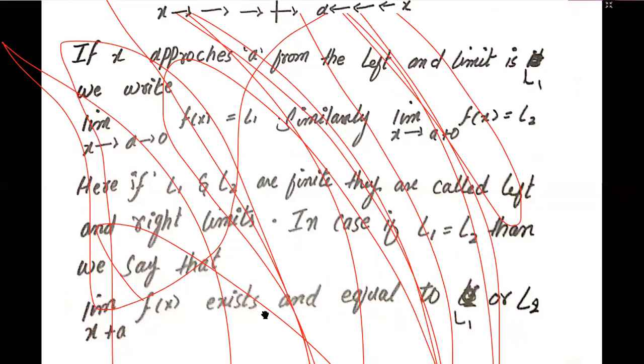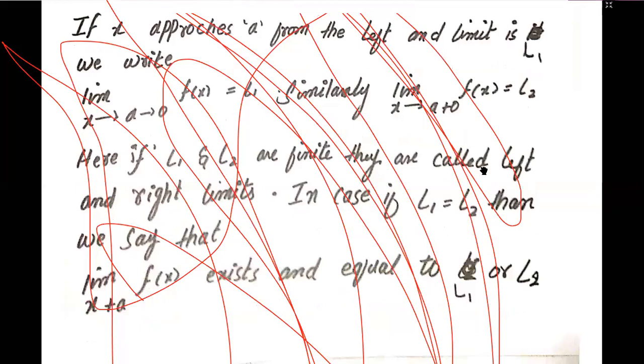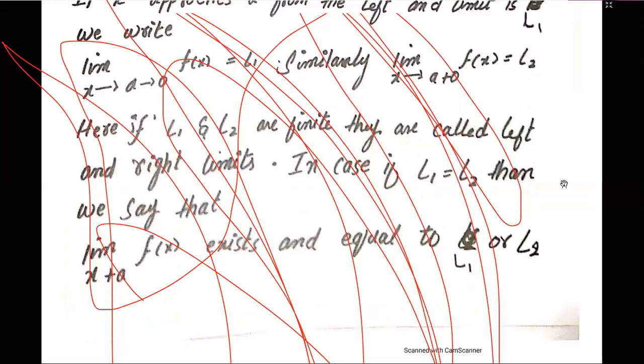In the first step, we check the left hand limit, x approaches from the left side. Suppose L1 is finite. Again apply the limit from the right hand side, x tends to a plus 0. Again the limit is L2, both are finite. If L1 and L2 are equal, then we say that our limit exists and equals L1 or L2. Okay, these are the basic concepts of limit.